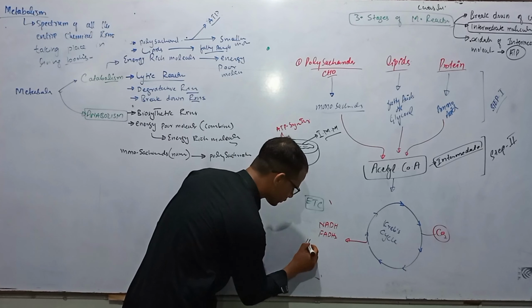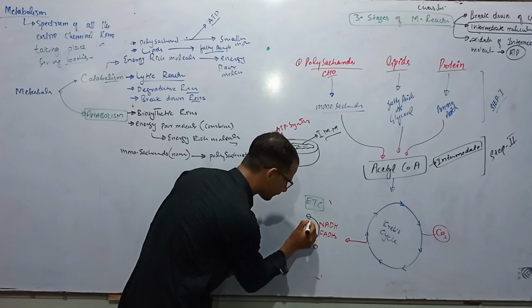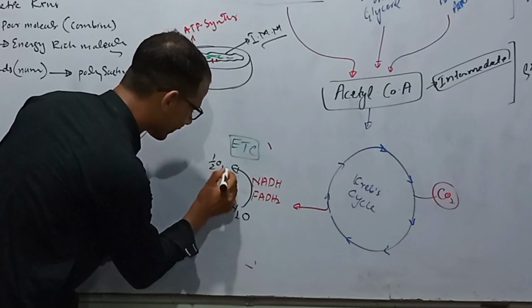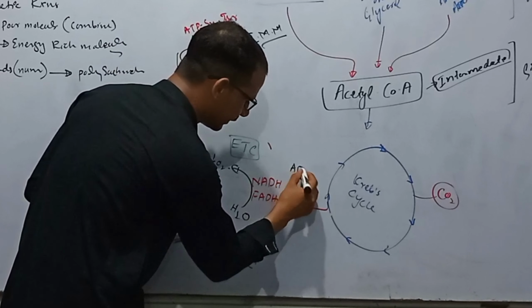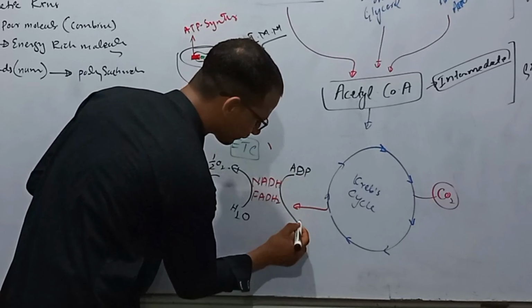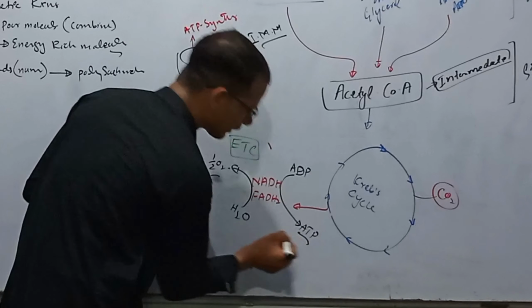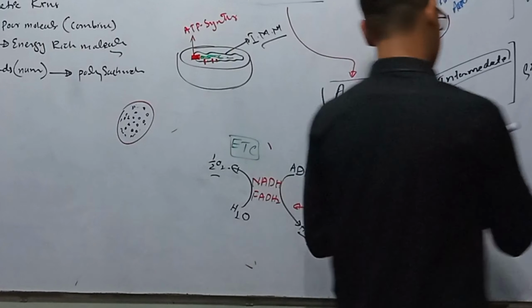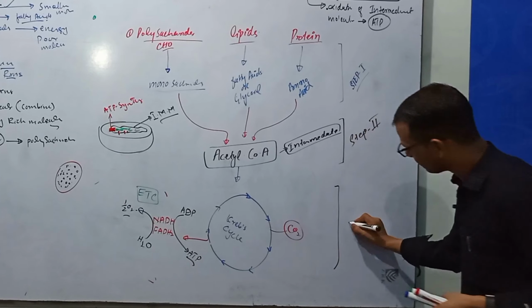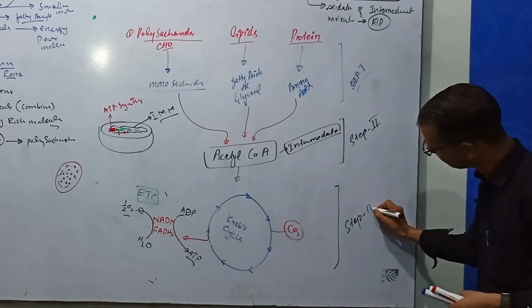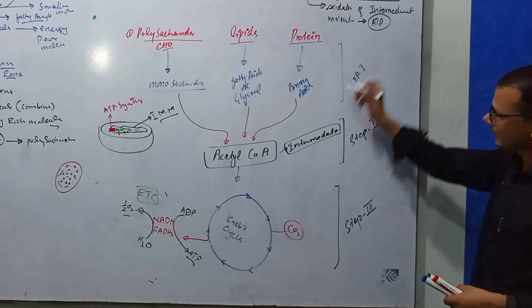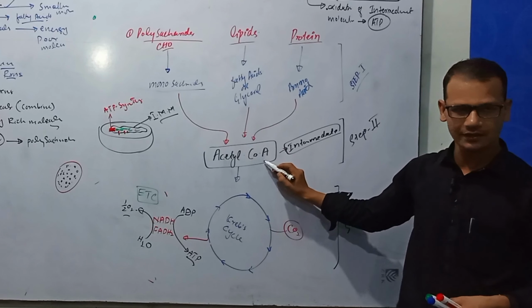Here the oxygen is released by water and ADP is converted into ATP, right? And this is step 3. This is step 3, which is the oxidation of acetyl coenzyme A, right?